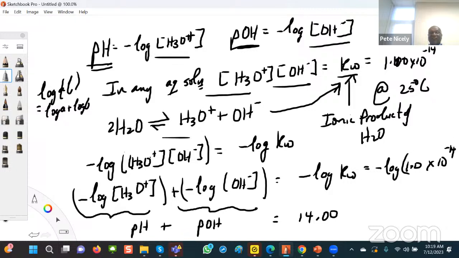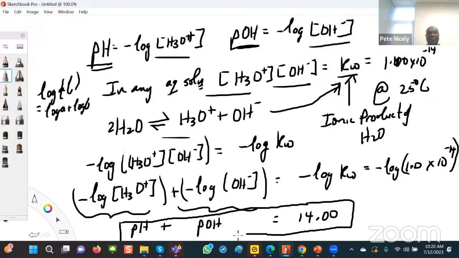Because log of anything raised to the minus whatever would be equal to that number. So basically, we have this relationship here as well that you're going to find very useful in your calculations for solving problems in this assignment, all right? So those are basically the relationships that you're going to need in this chapter.